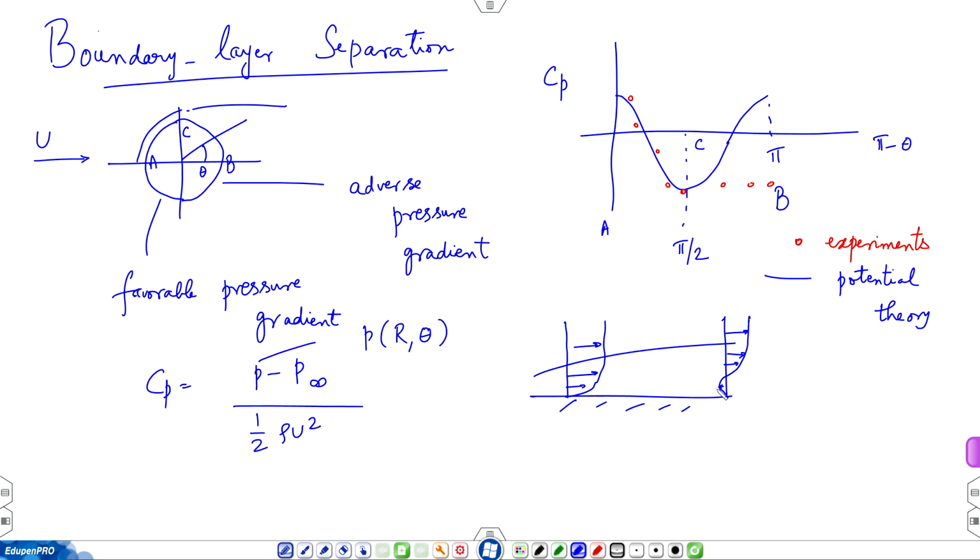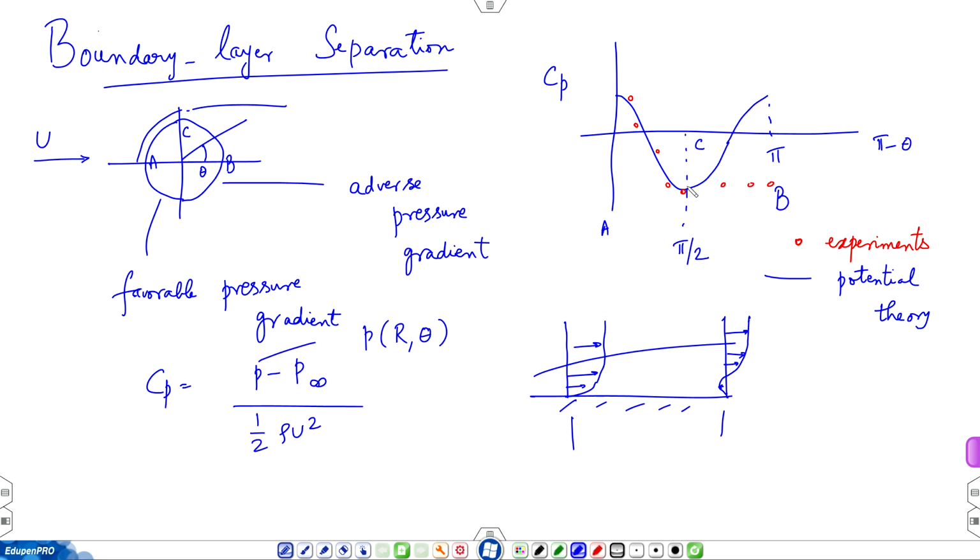So, this reversal will happen over a certain distance, which depends on the Reynolds number of the main flow, and therefore, the onset of flow separation will be around point C, not exactly at point C.